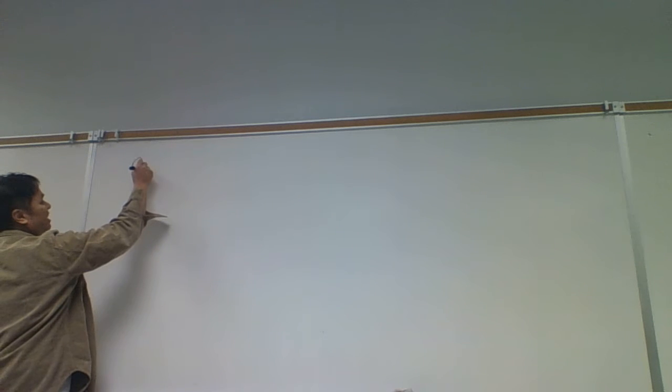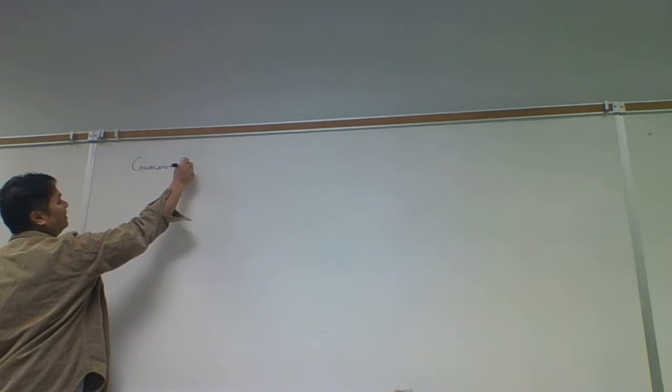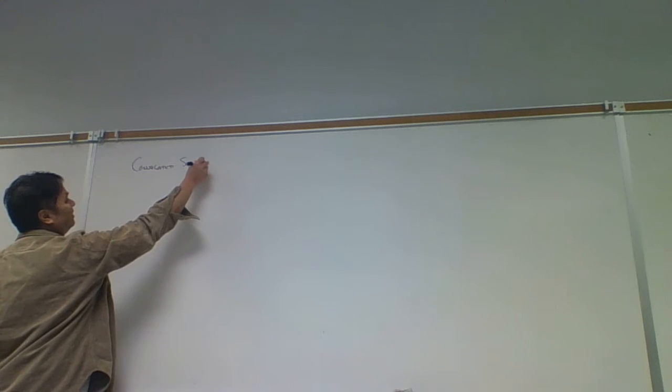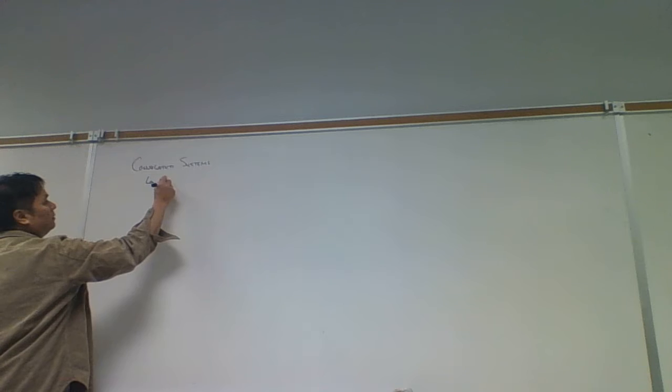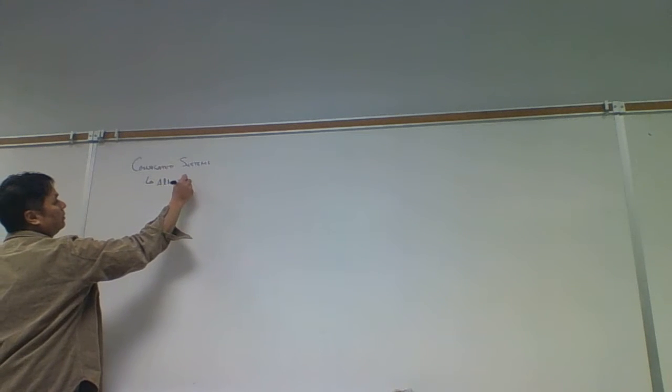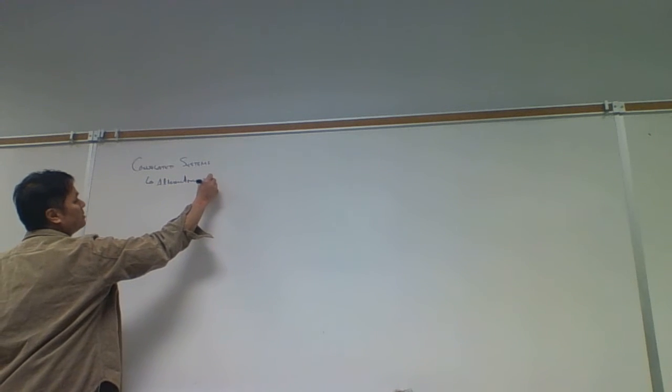We're going to talk next about conjugated systems. Conjugated systems have alternating double and single bonds.